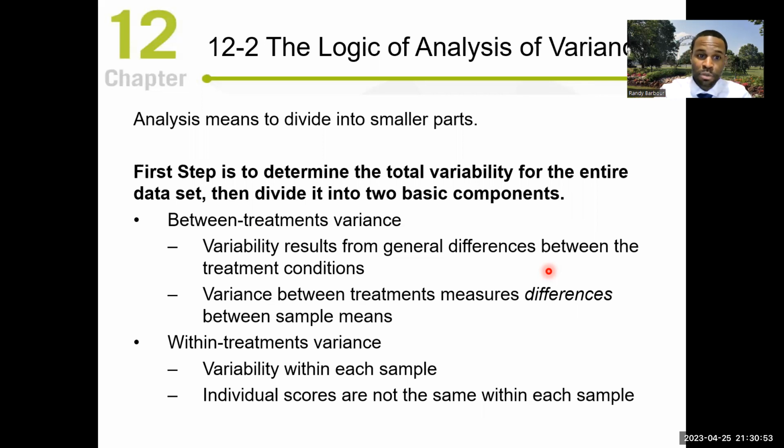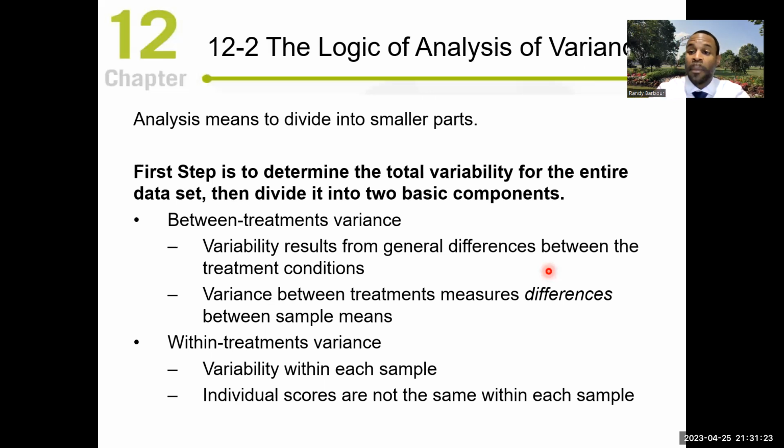The first step is to determine the total variability for the entire data set. If each sample had a sample size of 10, and I had 3 samples, that would be 30 participants. So the first step is to determine the total variability for the entirety of that sample, the grand mean, and that's going to be those 30 people.